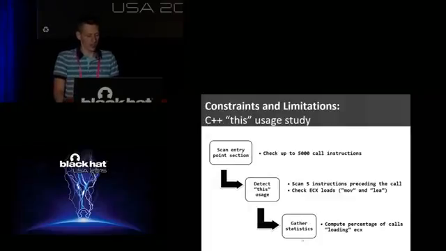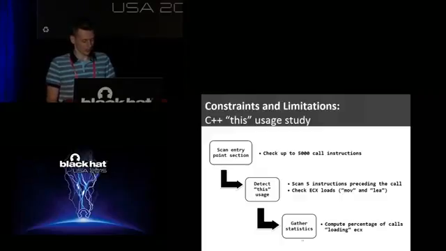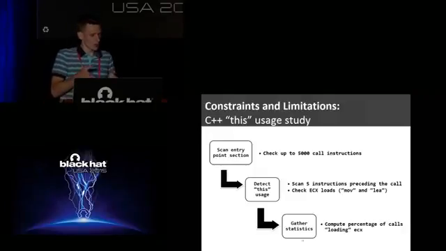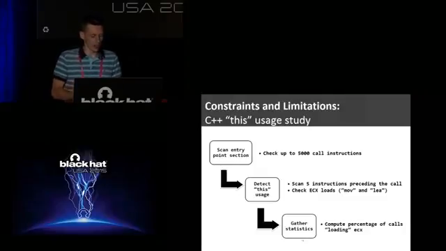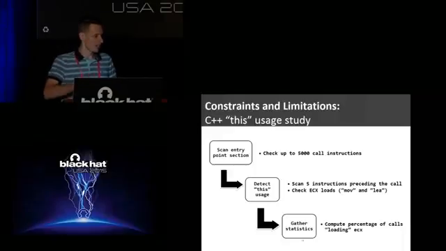And regarding the this pointer usage in the samples, we use this approach to first filter out the samples which are not relevant, which are not Visual C++. So the idea was to check up to the first call instructions from the entry point, and then we were scanning 5 preceding instructions for any manipulation with the ECX. Not any manipulation, but actually instructions which are loading a value.